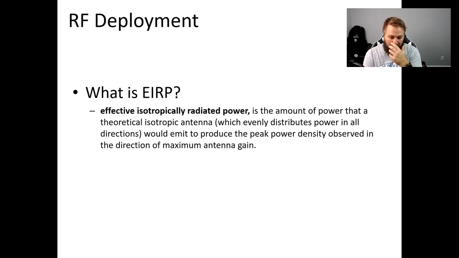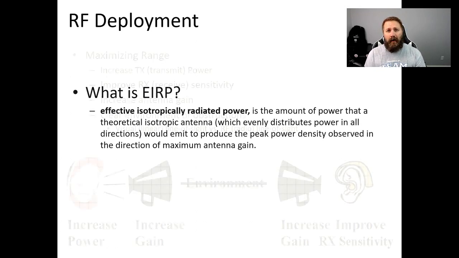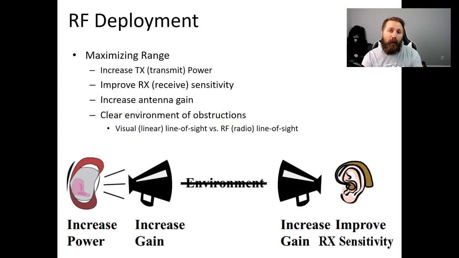It's going to produce during the peak power density observed in the direction of the maximum antenna gain. So in other words, it's taking how much will it focus that energy from your radio transmitting, what's that combined EIRP, and then that's typically what the government goes off of when they talk about what kind of power is legally allowed.